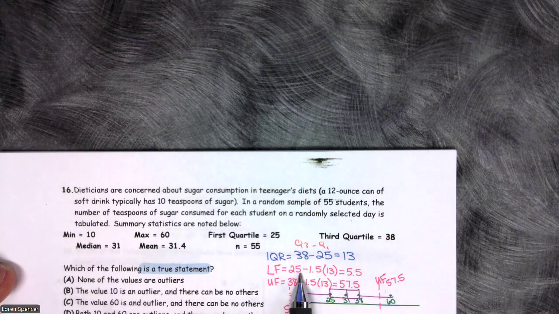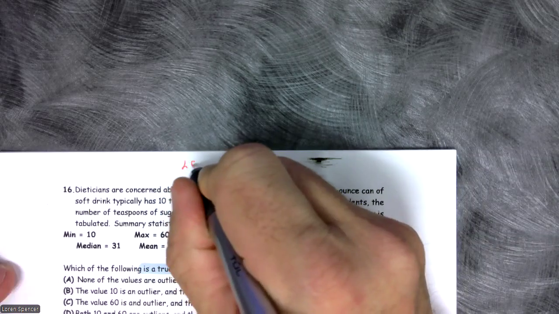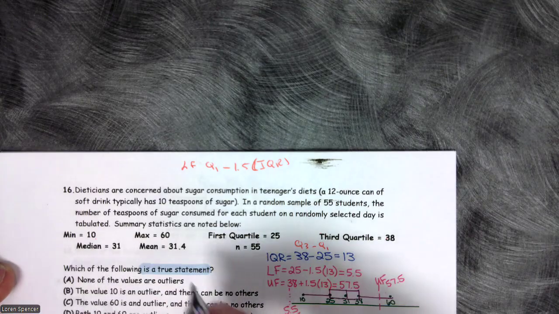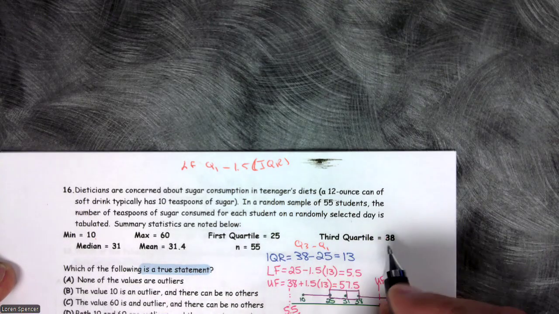So our lower fence, and by the way, I should write down our formula for our lower fence. Lower fence is Q1 minus 1.5 IQR. So 25, that's Q1, minus 1.5 times 13 is 5.5. Our minimum's 10. So no outliers on the low side.